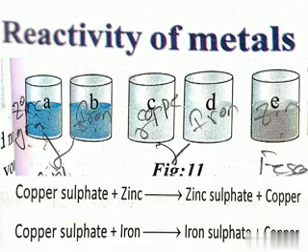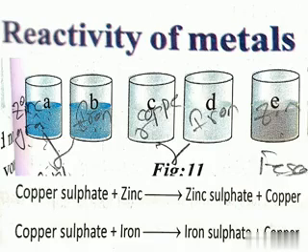Okay, so by this activity we can understand that a more reactive metal can replace a less reactive metal. More reactive metals displace the less reactive metal from its compound, but less reactive metals cannot replace the more reactive metals.